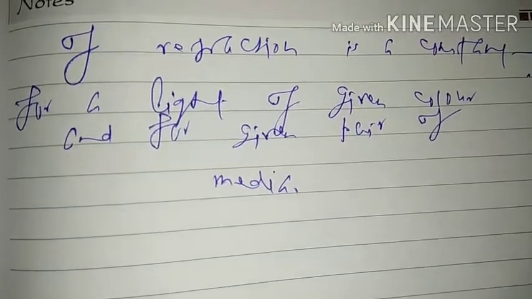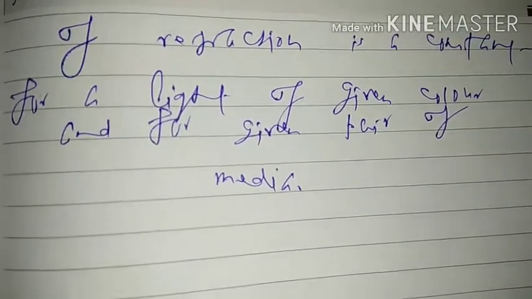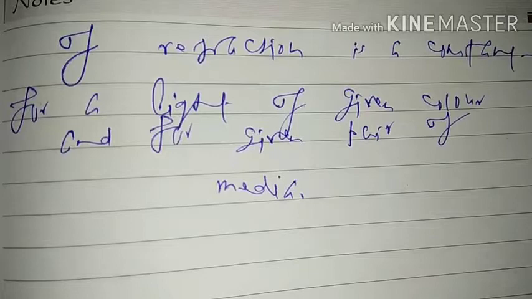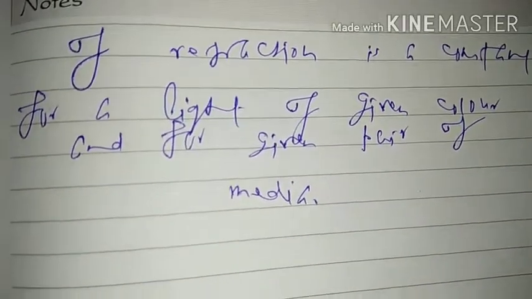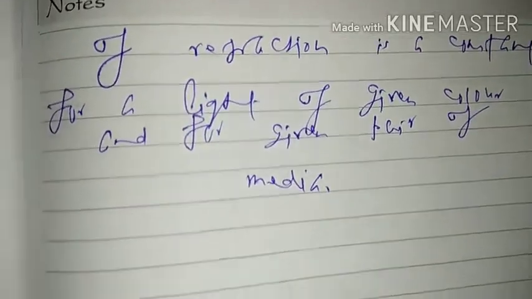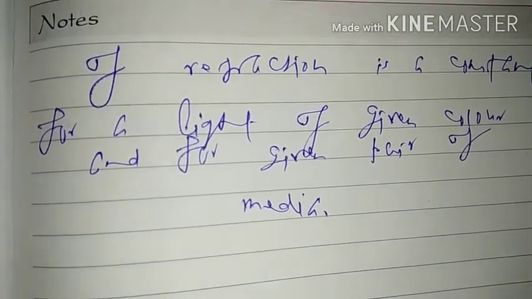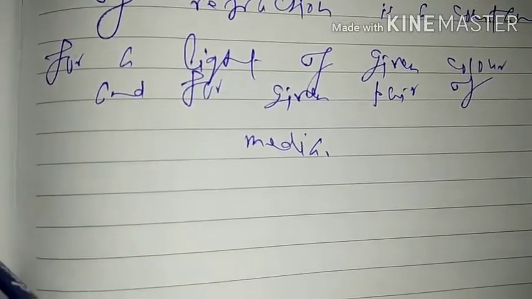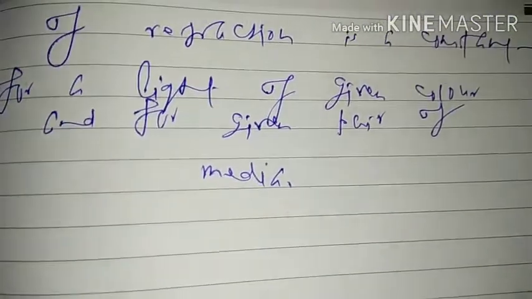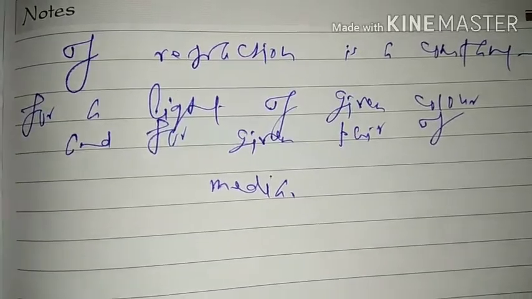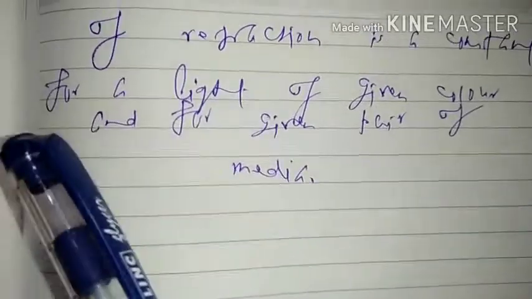But here we see the incident ray, the refracted ray, the word is refracted, and the normal at the point of incidence all lie in the same plane. And second law of reflection was the angle of incidence is equal to angle of reflection. But here the second law is quite different.